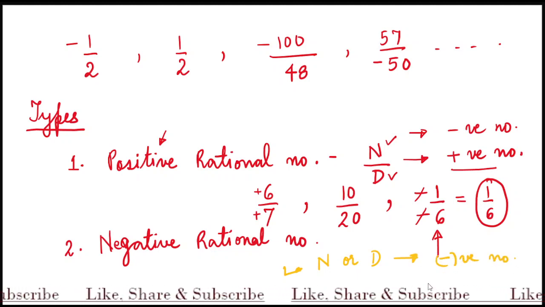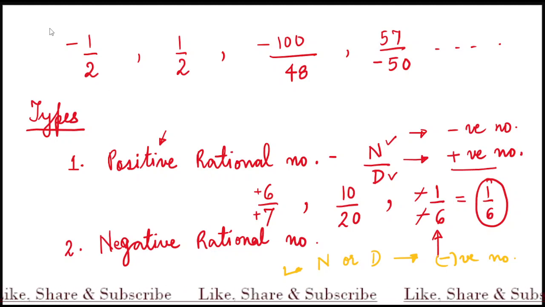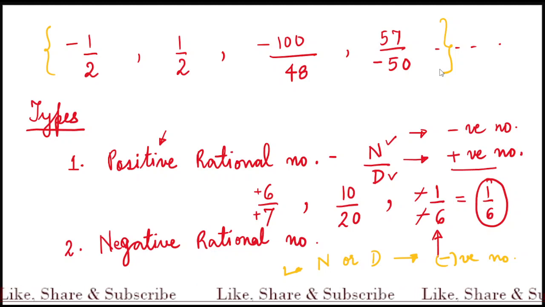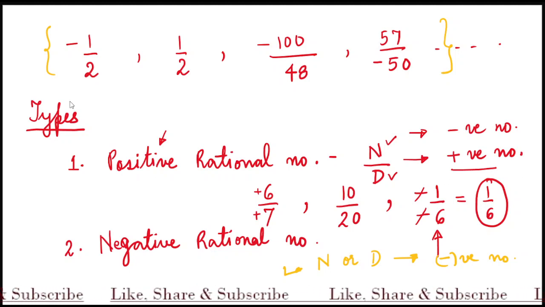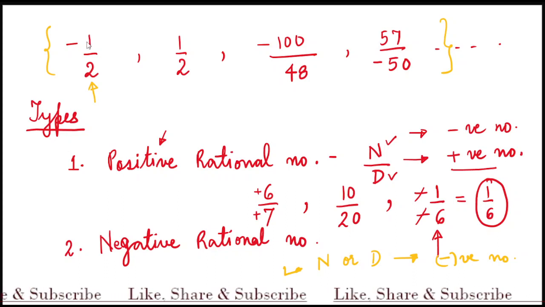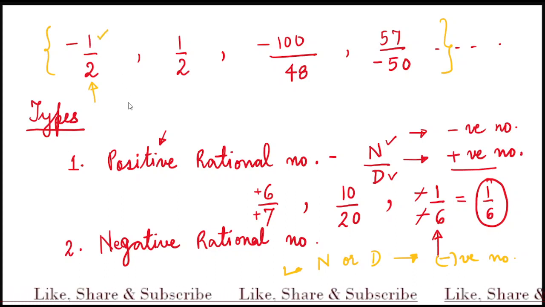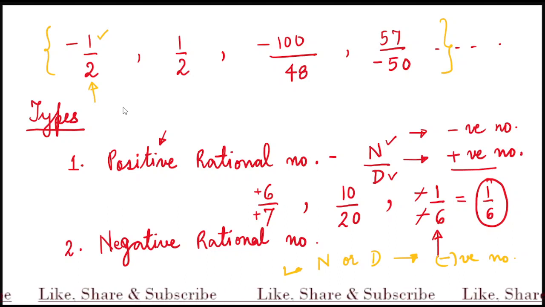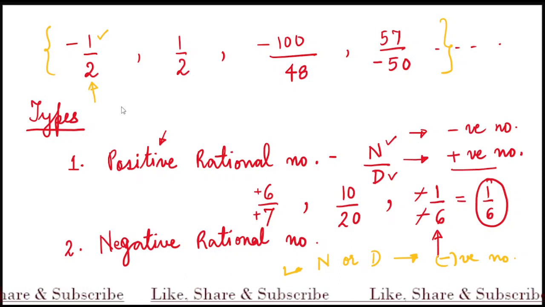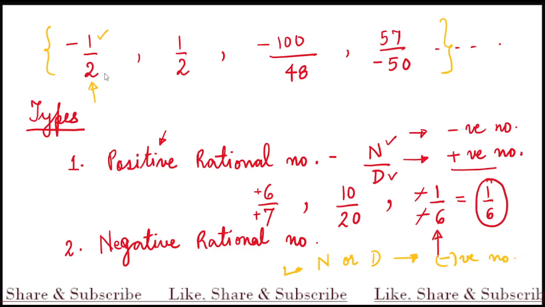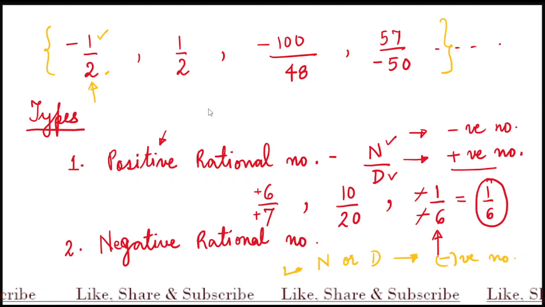Let us try pointing out the negative rational number from this set of examples. In the very first example, just the numerator is a negative number. Either the numerator has to be a negative number or the denominator has to be a negative number. So it qualifies to be a negative rational number.